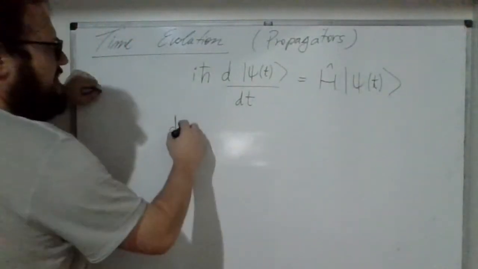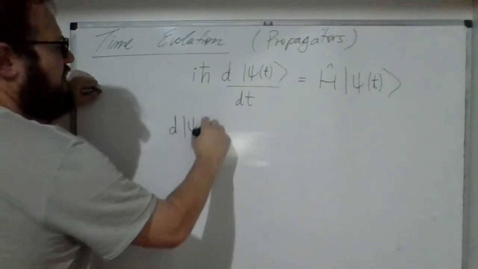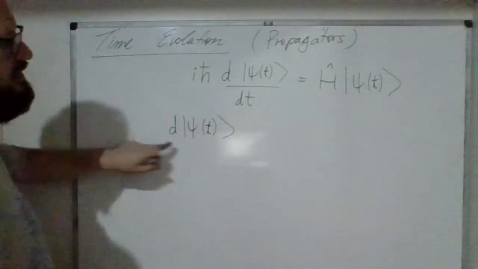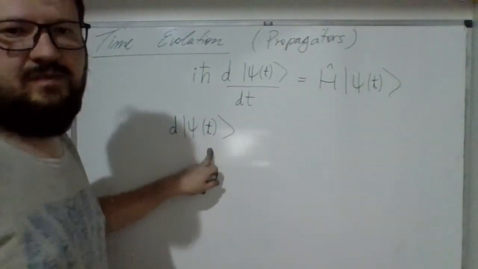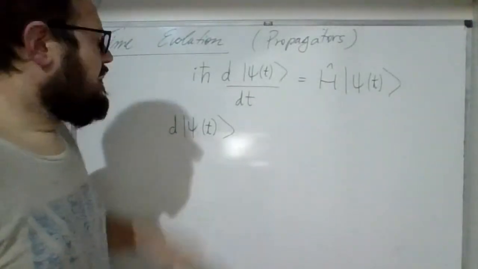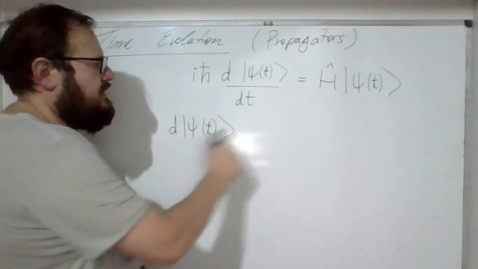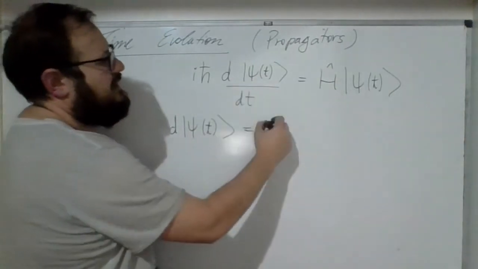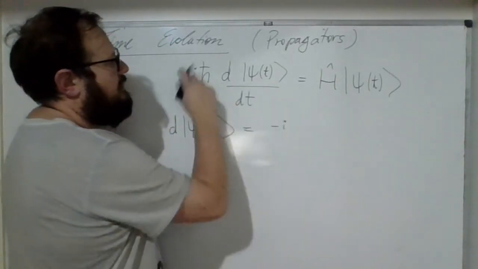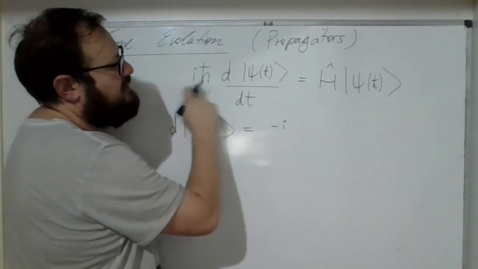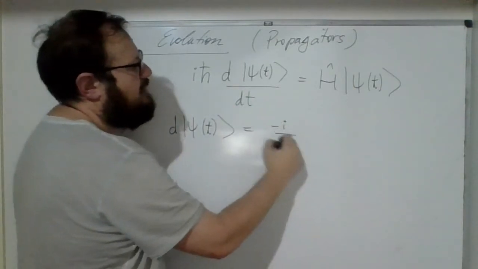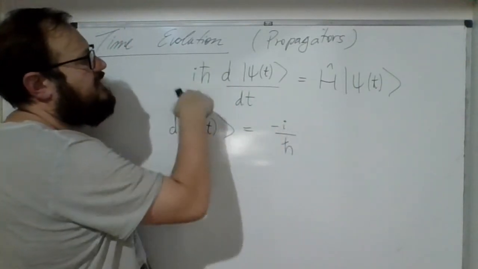So what we can do here, we just multiply everything by dt. So we have the differential of the state here, which is a vector from general arguments. We multiply both sides by 1 over h bar, and by minus i, to eliminate this factor from here.